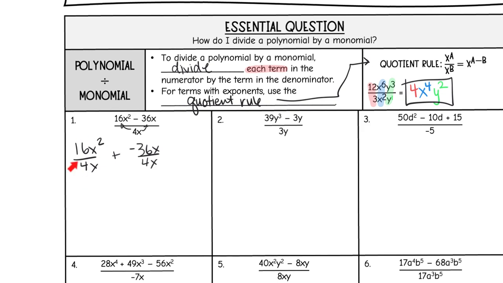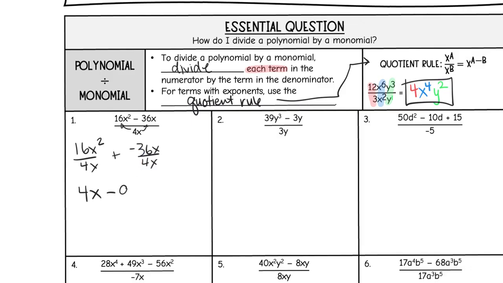Looking at my first term here, 16 divided by 4 will be 4. And then x squared divided by x. X squared has a 2, x just has 1. So 2 minus 1, I will be left with just 1 x. Okay, when I divide my negative 36 by 4, that's going to give me negative 9.